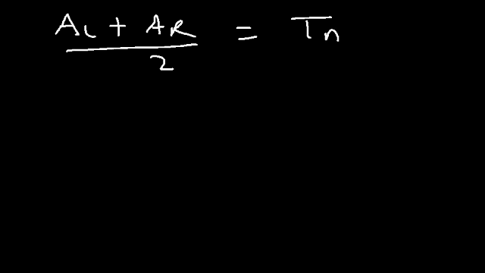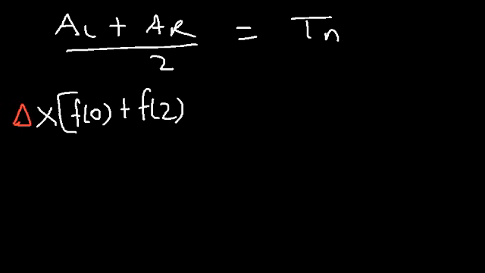So the left Riemann sum was equal to delta x, for this particular example, times f of 0 plus f of 2 plus f of 4 plus f of 6.